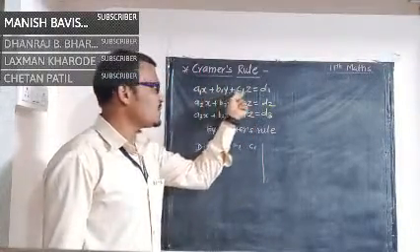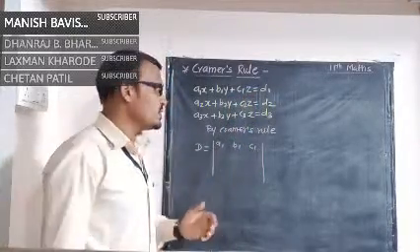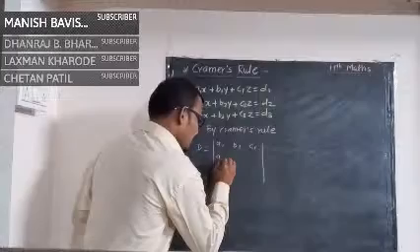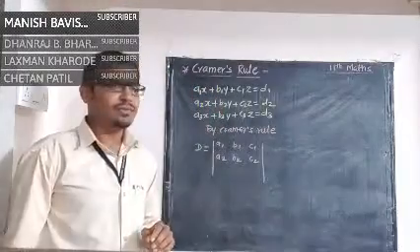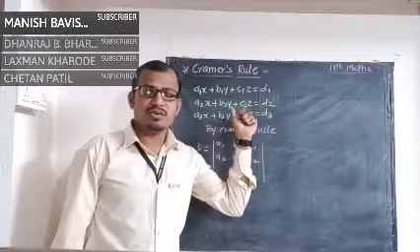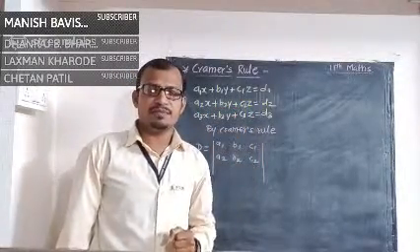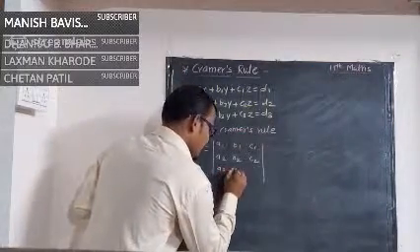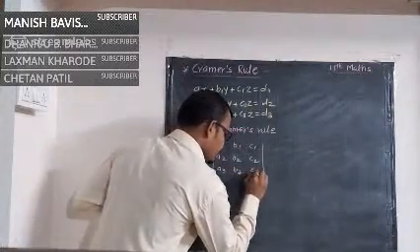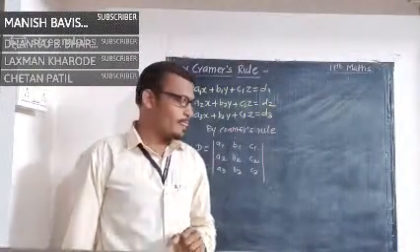So that is our first row. Our second row is a2, b2 and c2, which are the coefficients of x, y, z of the second equation. And our third row is nothing but a3, b3 and c3. So this is our determinant D.